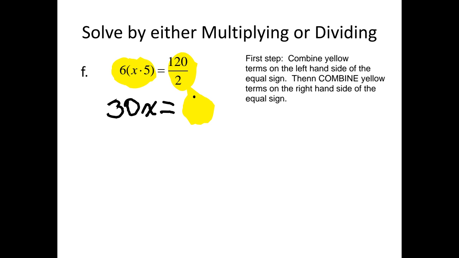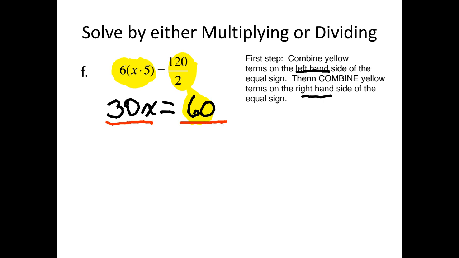120 divided by 2 is 60. This is the left side. This is the right side. Now, to finish, what's putting 30 next to x? Multiply.